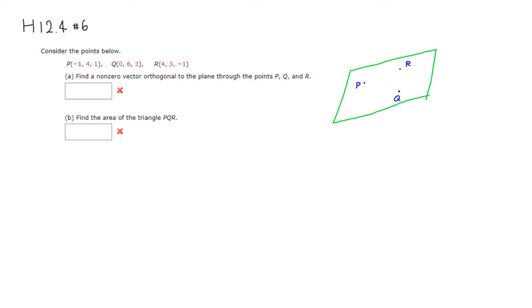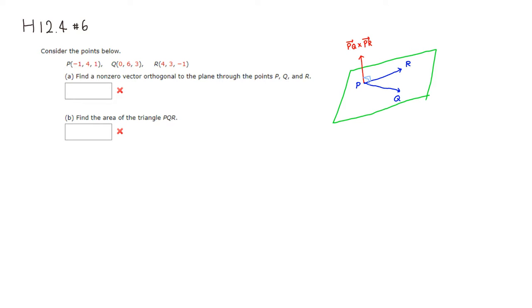So we can create a vector from P to Q and P to R. Then we know that the cross product is a vector, so vector PQ cross vector PR is going to be perpendicular to both of these vectors, right?